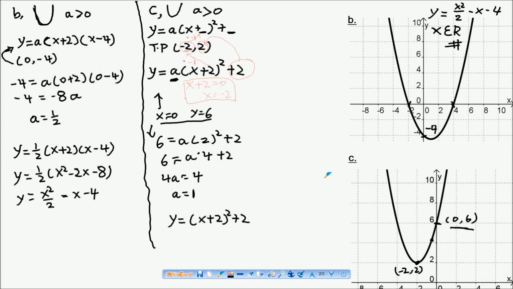In your year 12 exam, unless the question specifies you have to transform it into this format, this is considered the correct solution. y equals x plus 2 squared plus 2, and the domain is x belongs to R. Always label the domain.